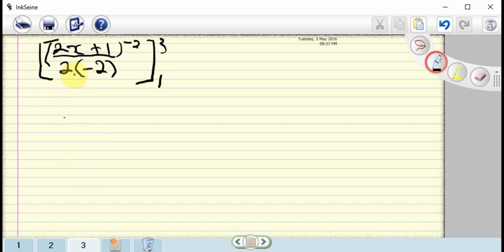If we take it out, it would be negative 1/4.